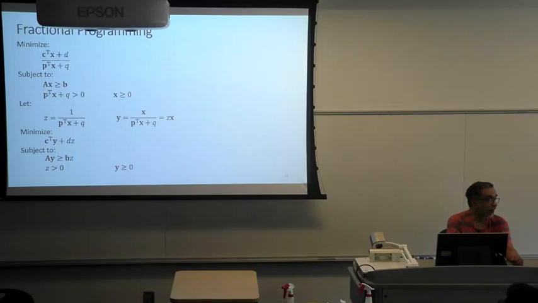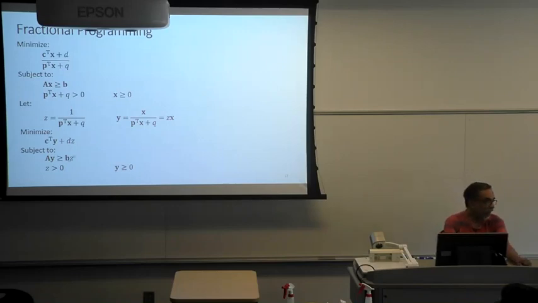So AX divided by this denominator is greater than or equal to B divided by this denominator. Then you can make the replacements. AX divided by the denominator is Y. And here you would have B divided by the denominator. This is Z, so this is BZ.